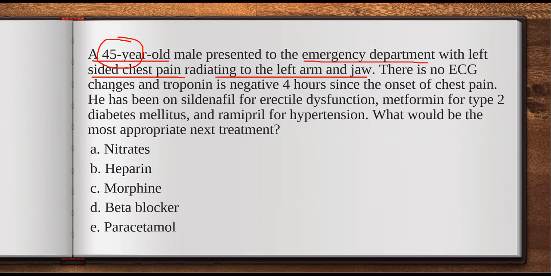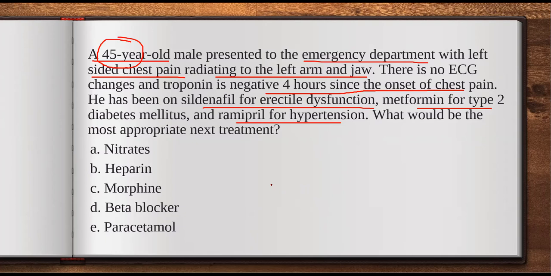There are no ECG changes and troponin is negative 4 hours since the onset of chest pain. The patient has been on sildenafil for erectile dysfunction, metformin for type 2 diabetes, and ramipril for hypertension. What would be the most appropriate next treatment?